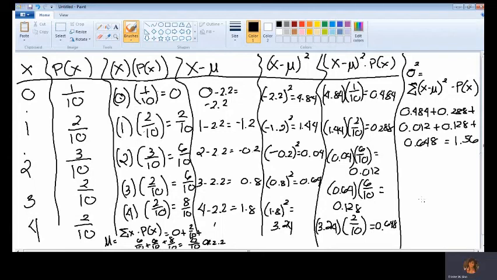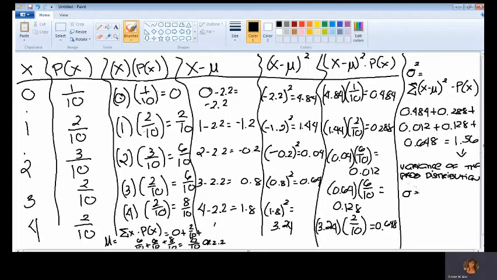So, last step, we're going to get the square root of the variance to get the standard deviation. This is the variance of the probability distribution. And to get the standard deviation, we're going to take the square root of the variance. So how are we going to do that?